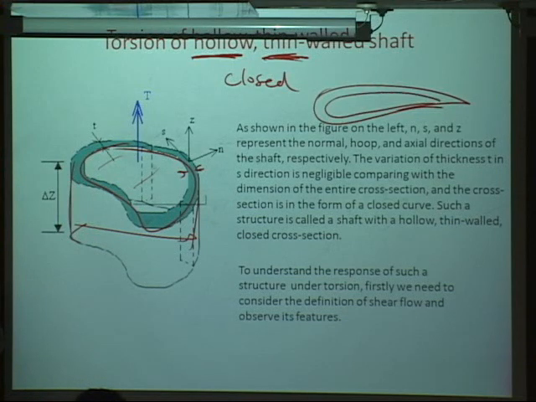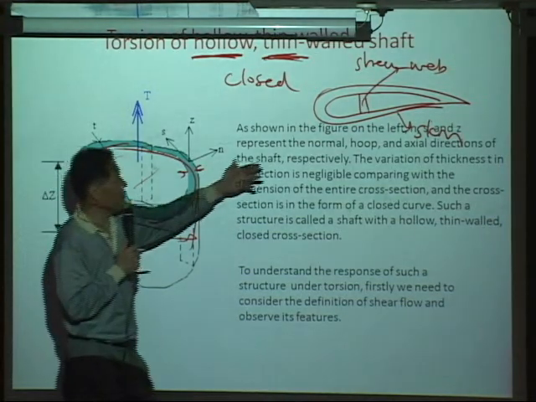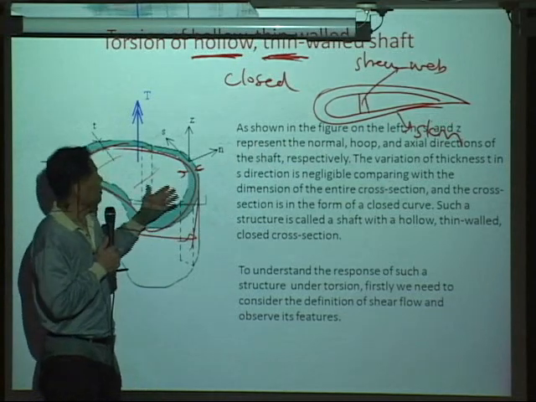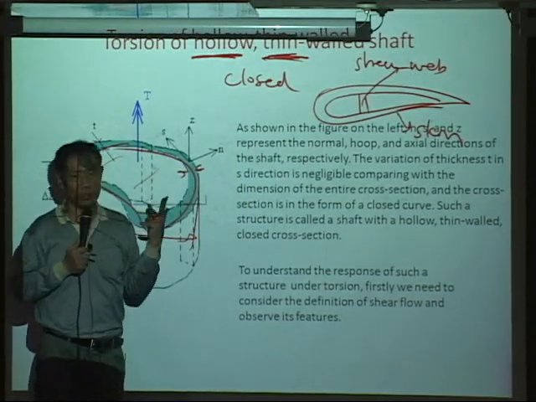Like a wing. A wing is always empty inside. There is some structure called the shear web, and this is the skin. This is the typical case for this hollow thin wall shaft.